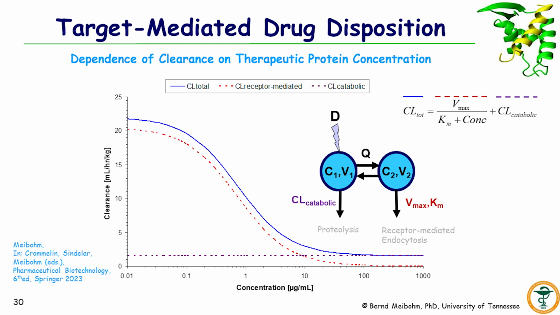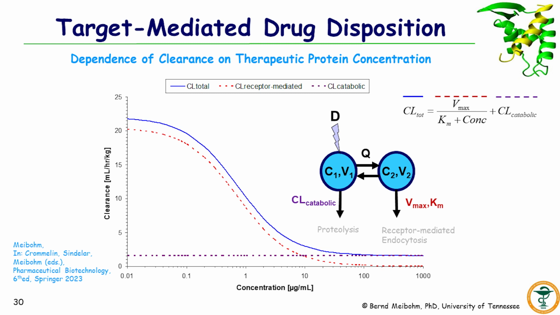One simplified way is shown here, where it is simply expressed with Michaelis-Menten type kinetics as a saturable clearance pathway with a Km value that indicates the concentration at 50% of the maximum elimination and Vmax, the maximum elimination speed.